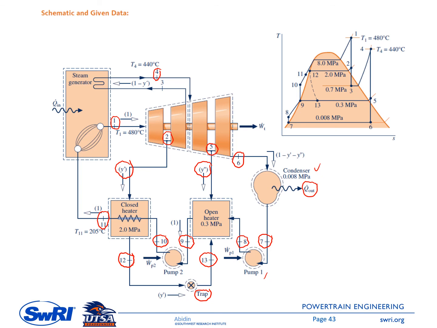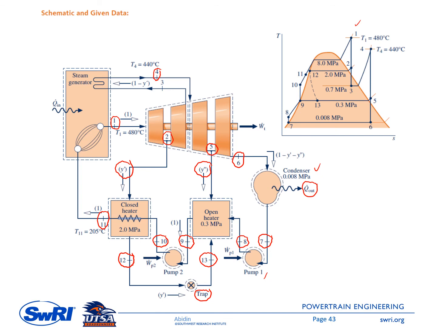So we have state number 1. So this is a superheated state. So temperature is given, pressure is given, and this is water. So you will need to use table A4. So this is SI unit, so A4. And then state number 2, I think the pressure is given, 2 megapascal, and the entropy at state 2 equals the entropy at state 1.